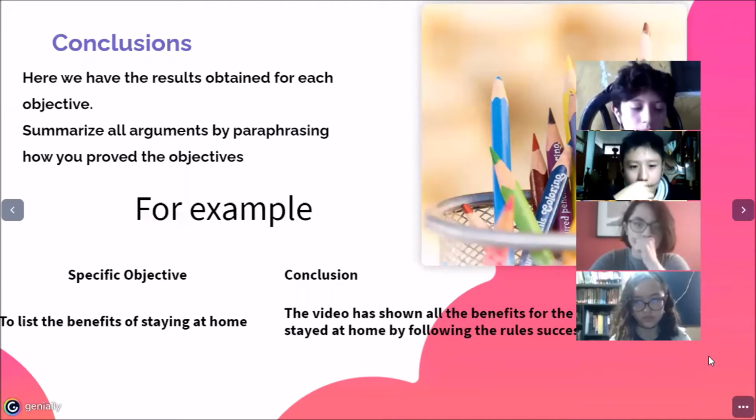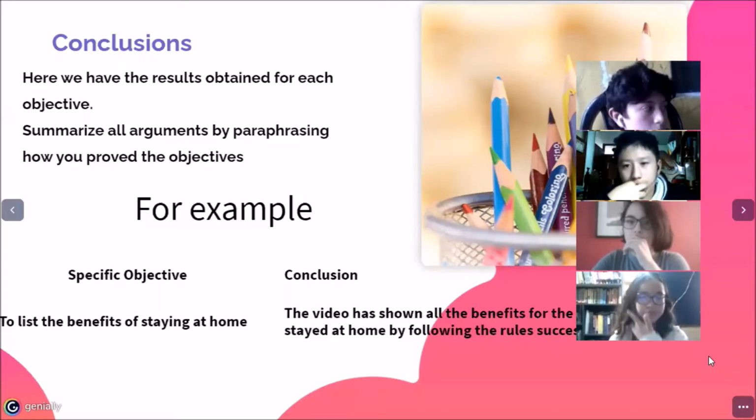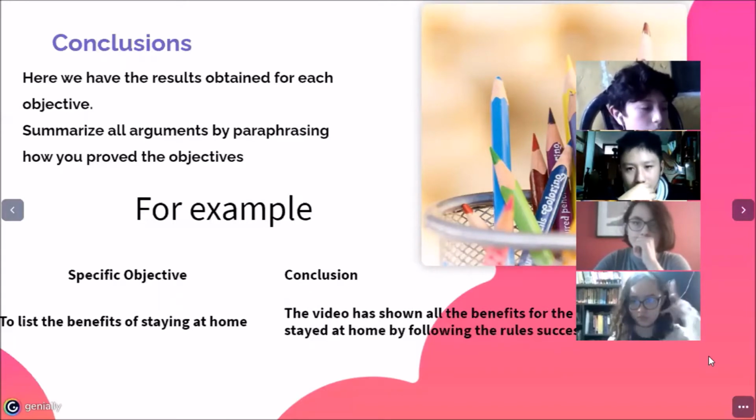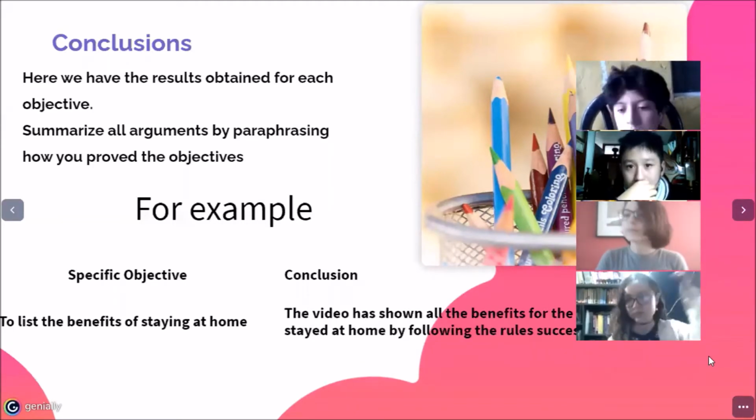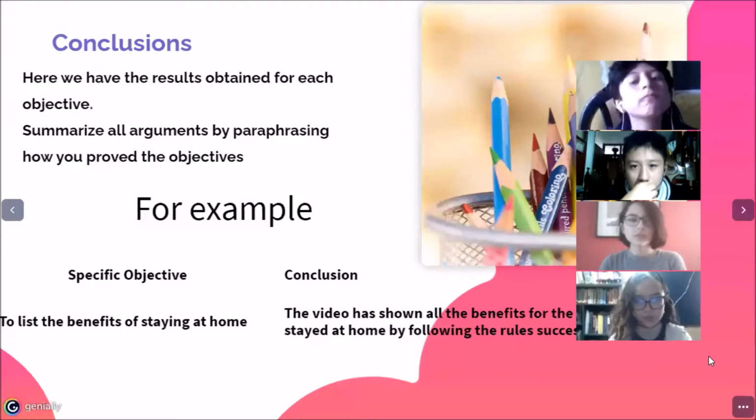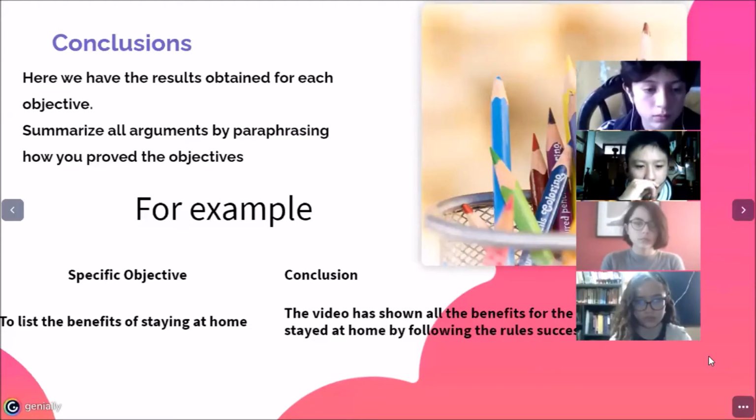So the conclusions are the results of the objectives, the specific objectives. So what do we need to do? We need to summarize all arguments, but paraphrasing how you proved the objectives. We have 3 specific objectives, so that means we have 3 conclusions. For example, my specific objective is to list the benefits of staying at home.